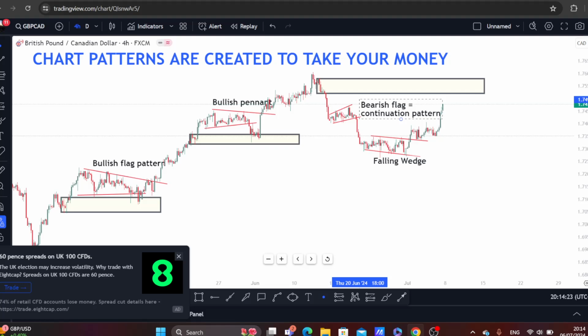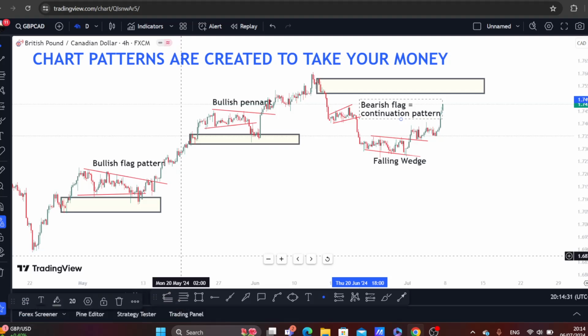So the way I trade is I trade the stop ons. Basically, because I know how the banks trade, I go with the bank. I trade with the bank. I know the trades you're taking, and I know where your stop losses are, and I know what you are doing when you're doing it.